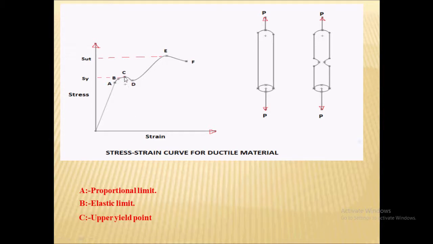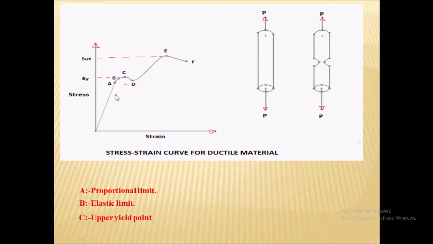In the region BC the material will be in the plastic range, which means it will not regain its original shape and size after removal of load. From point B to C there is an appreciable increase in strain without much increase in stress. That means strain is increasing more in comparison to stress.